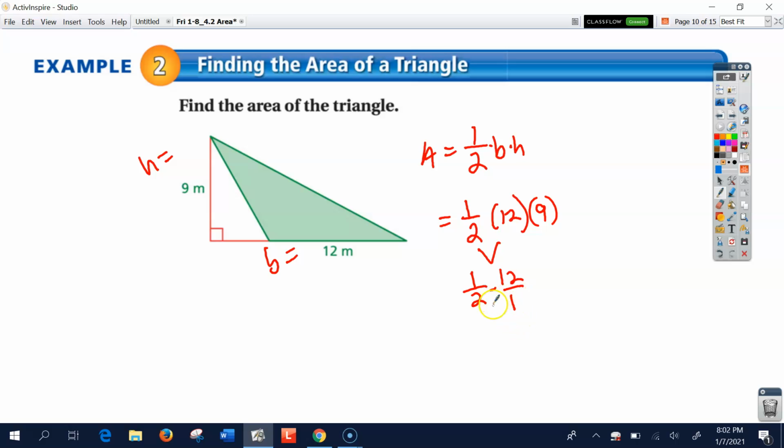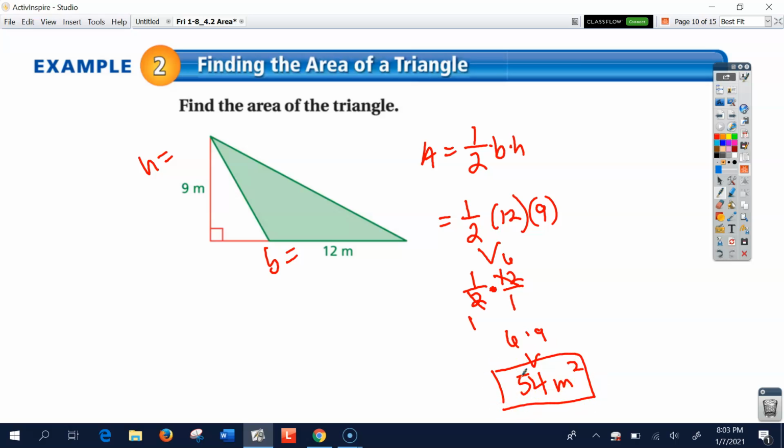So I want to divide out a 2. 2 divided by 2 is 1, and 12 divided by 2 is 6. So the answer to the first multiplication is 6. So I have 6 times 9, and I get 54. And I left out the units, so remember it's meters squared.